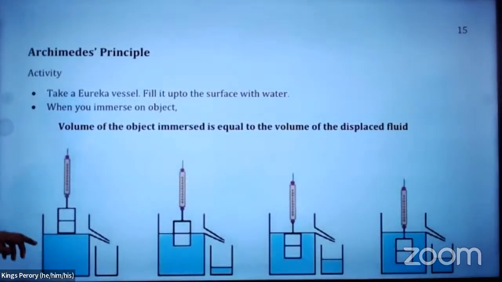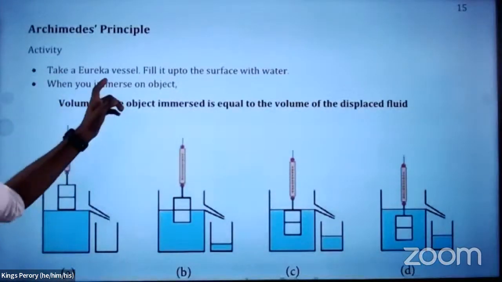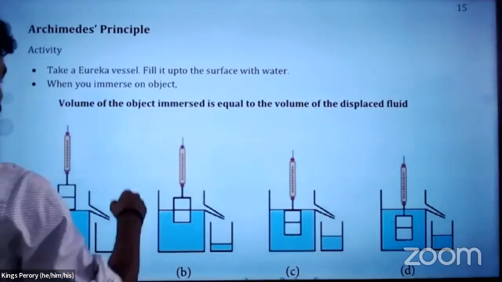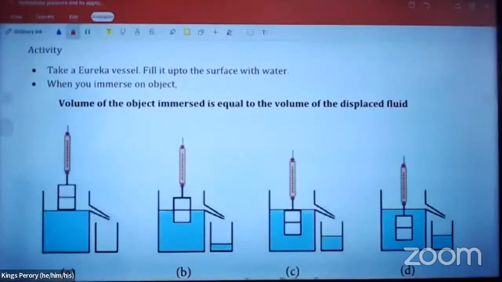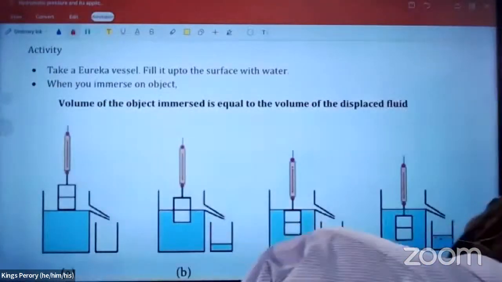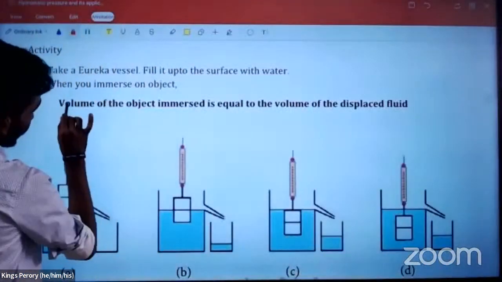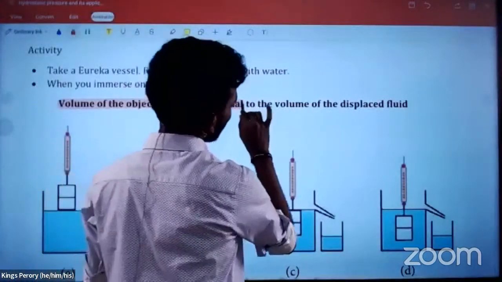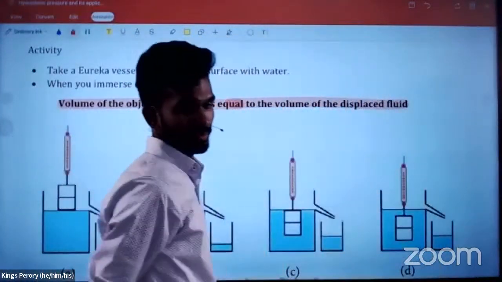Activity: take a Eureka vessel, fill it up to the surface with water. When you immerse an object, volume of the object immersed is equal to the volume of the displaced fluid.